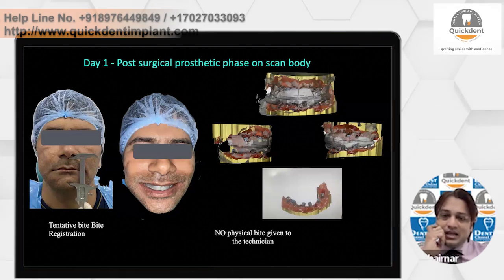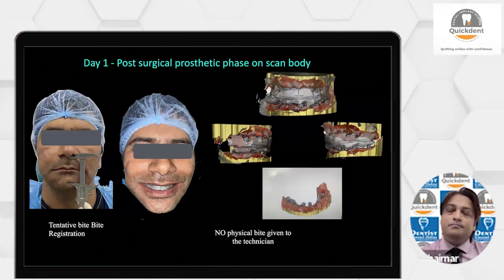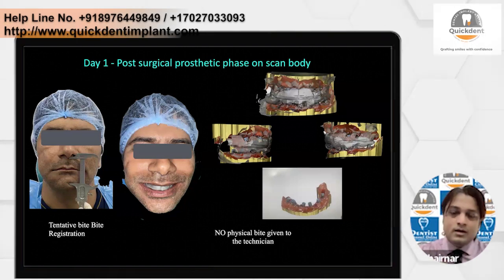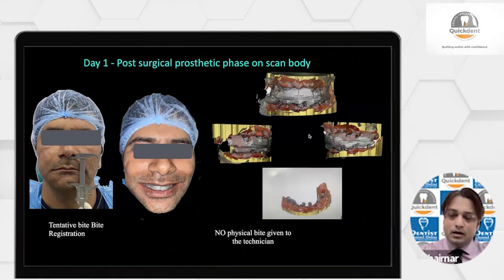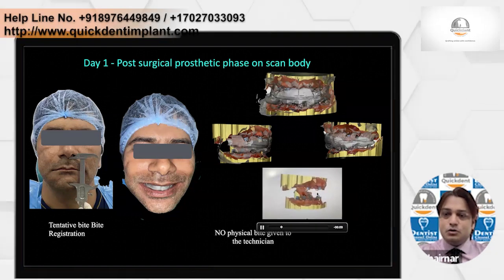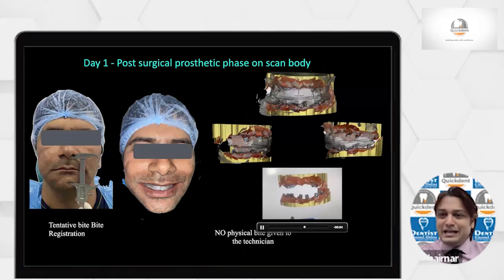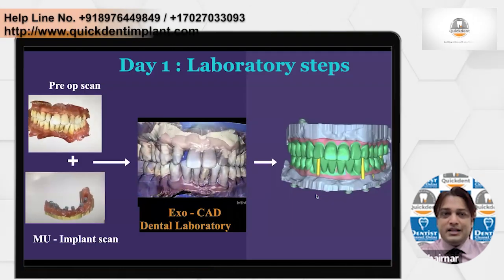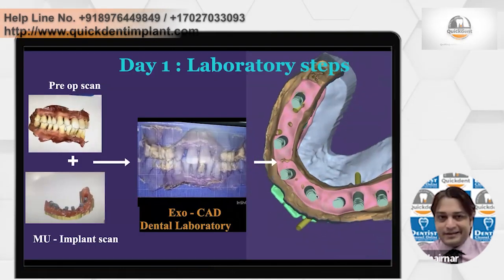Now the moment we take the bite, okay, there are certain software in the advanced scanners where the bite gets automatically recorded. So it gets recorded, and you can see in the lower jaw here the bite is totally recorded intraorally. We are not sending any physical bite to the technician. We will be sending these things: the pre-op scan, the implant scan, as well as the bite of the patient.